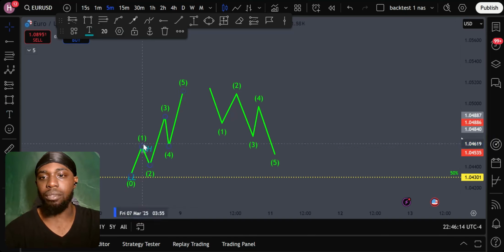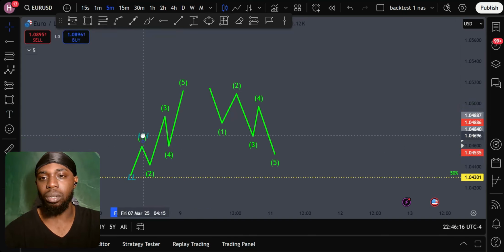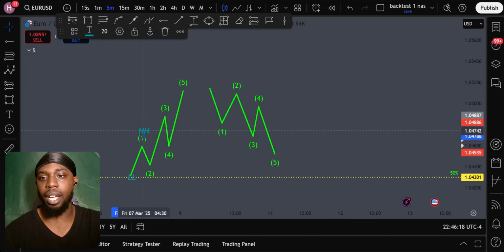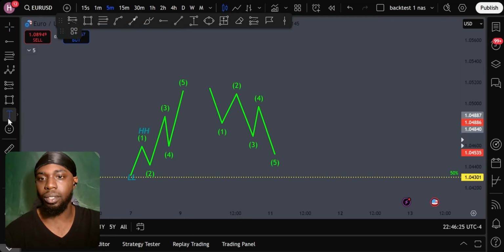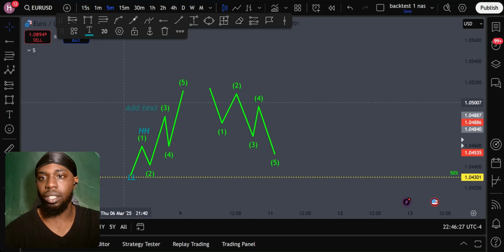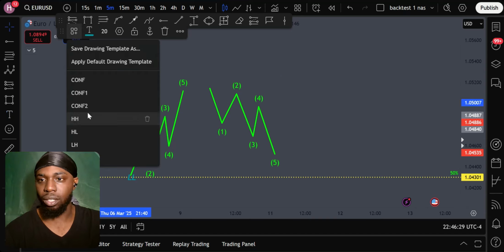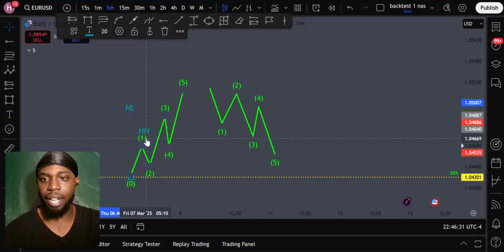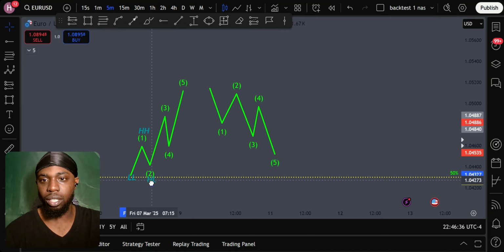And that's what these stand for. So if you were wondering that, we got the higher high here, a lower low, higher high. Then we would have a higher low down here.